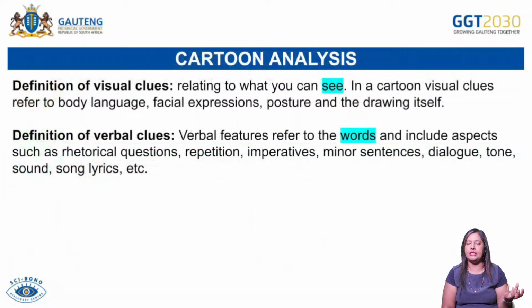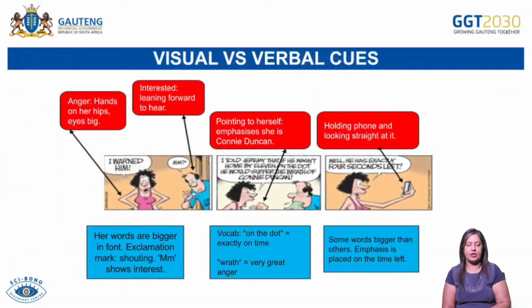Maybe there would be imperatives being used, minor sentences coming across, the tone being showcased, sound devices coming across. All of that will be contained in the understanding of the verbal clues. In other words, the words that have been used. Okay, and then here's a visual representation of the visual clues versus the verbal cues.